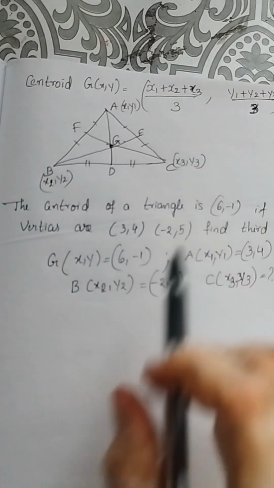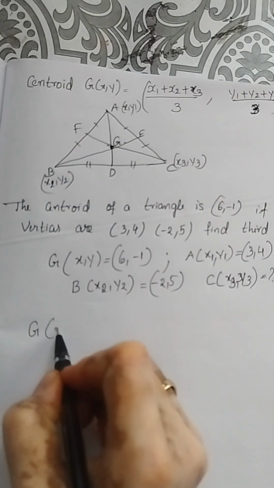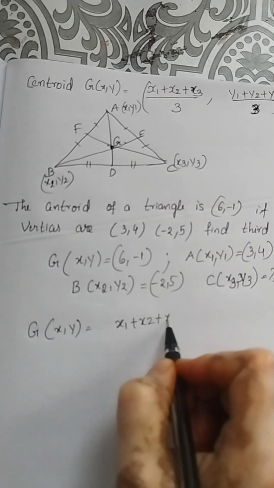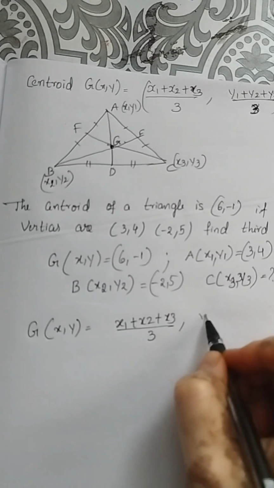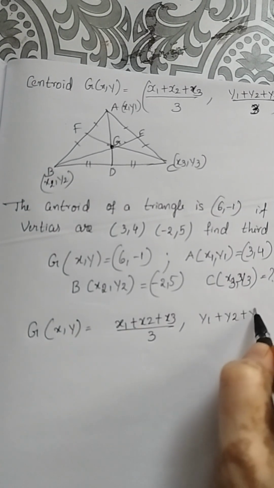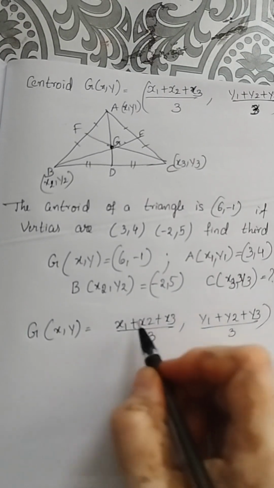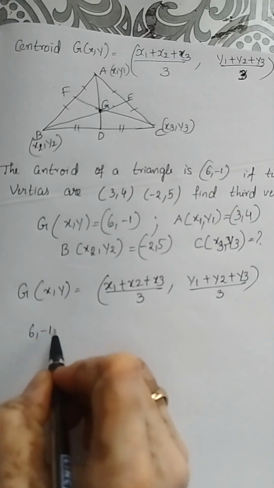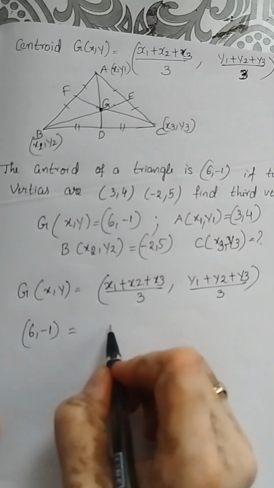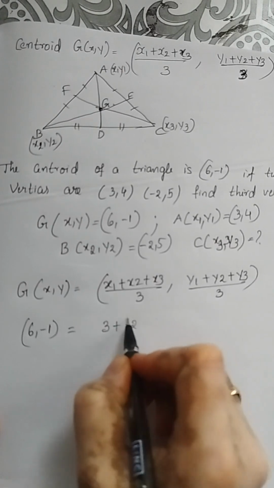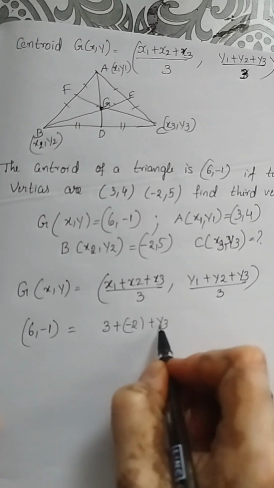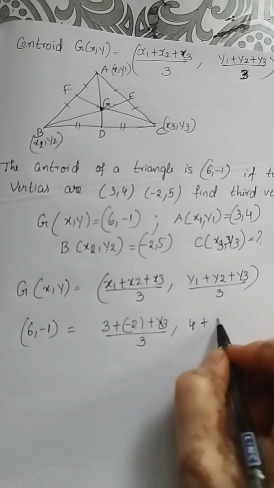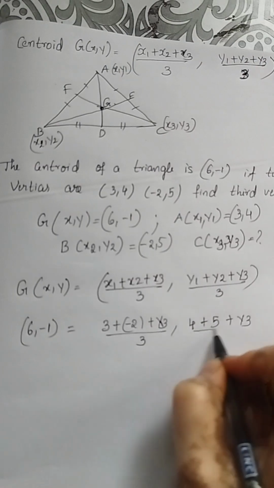So we will apply this formula. G(x, y) is equal to (x1 plus x2 plus x3) by 3, (y1 plus y2 plus y3) by 3. Okay, so G(x, y) is nothing but (6, minus 1) equal to x1 is 3 plus of minus 2 plus x3 by 3, comma y1 means 4 plus 5 plus y3 by 3.